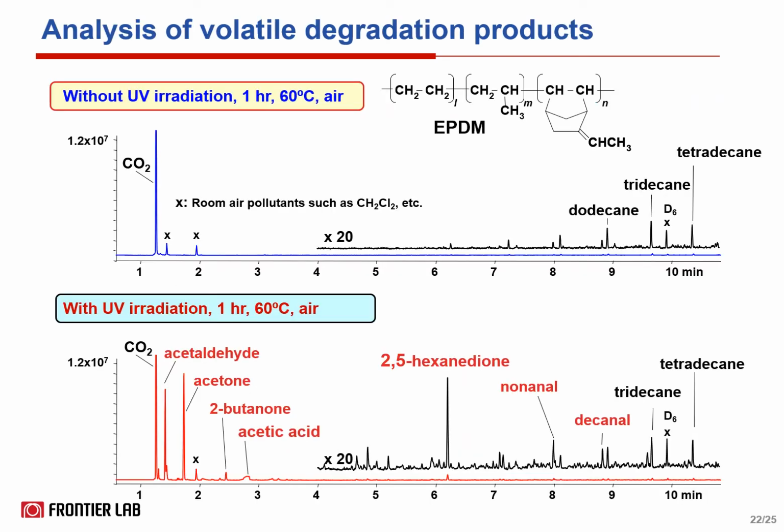These are the chromatograms comparing the volatiles formed without UV radiation and with UV radiation for 1 hour at 60 degrees C under air. With UV irradiation, a number of volatile compounds formed, and acetaldehyde, acetone, butanone, acetic acid.